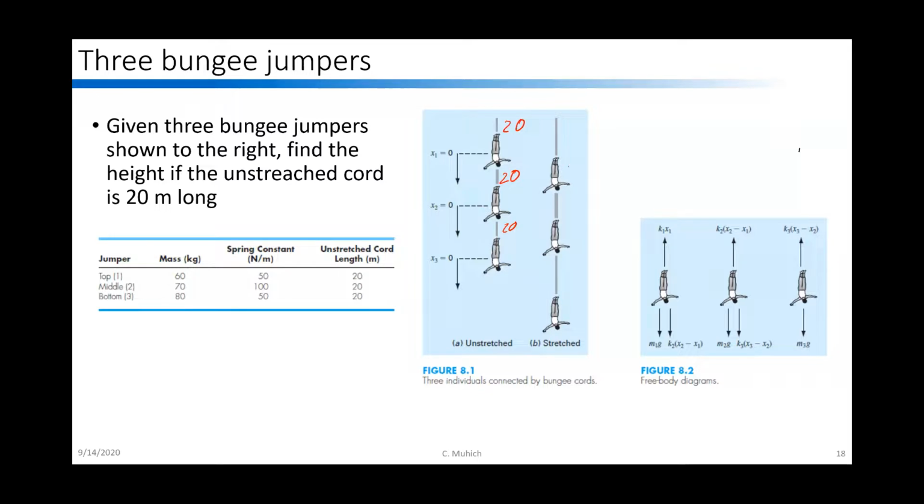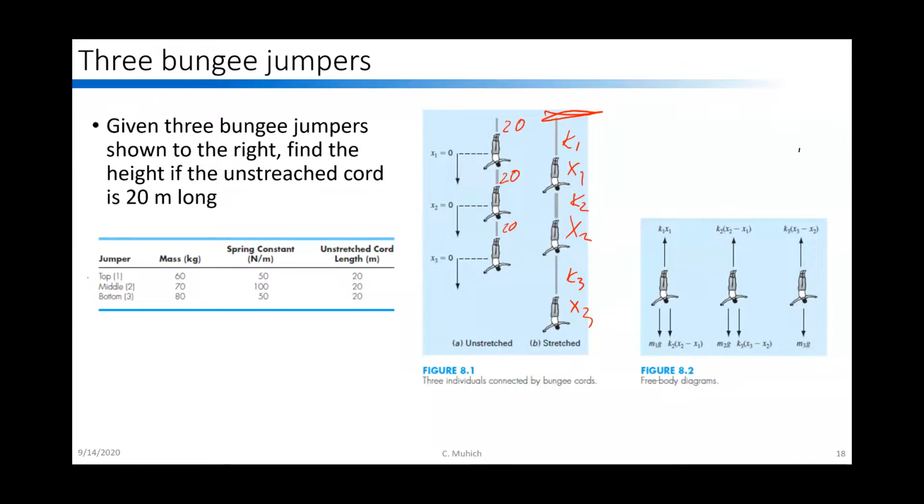So what's X1, X2, and X3 off of its original tower, given some spring constants K1, K2, K3, and the various masses of the bungee jumpers.